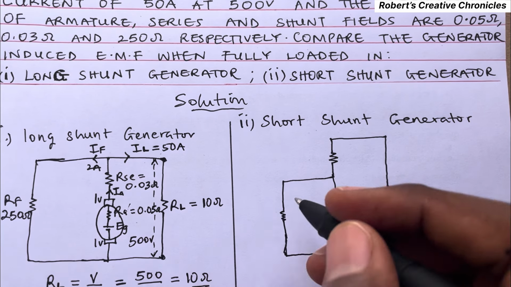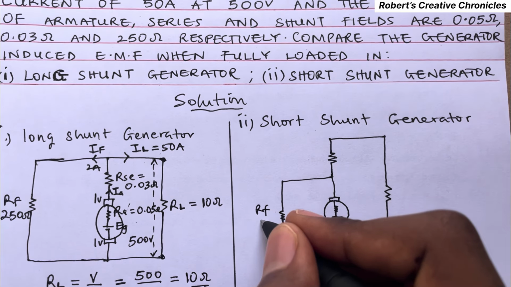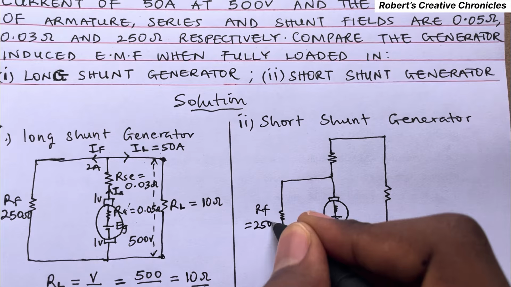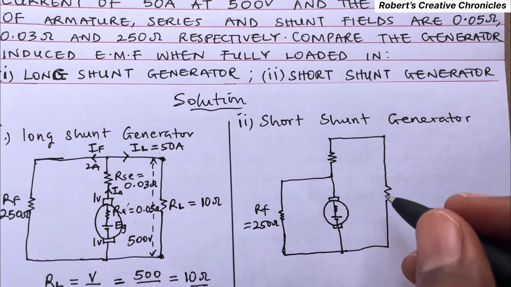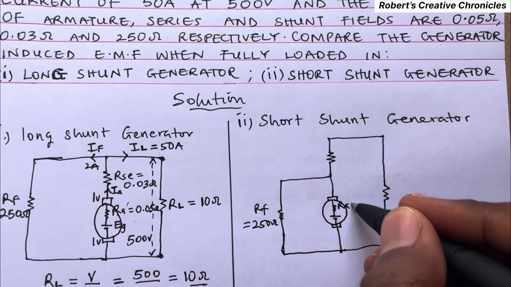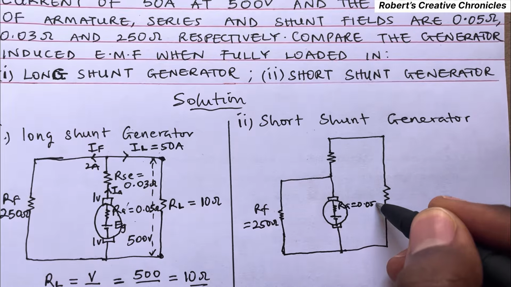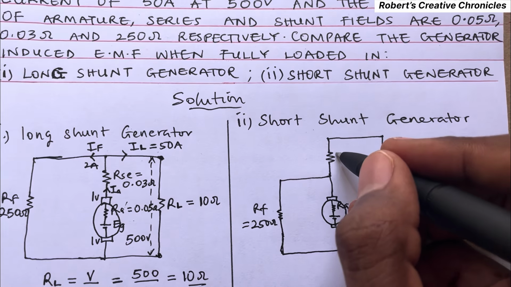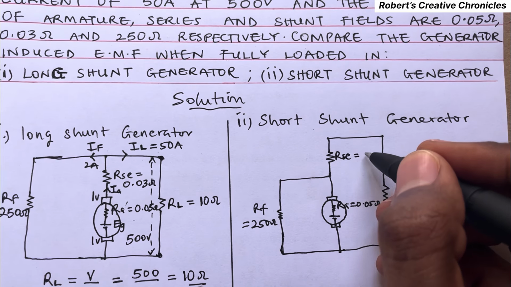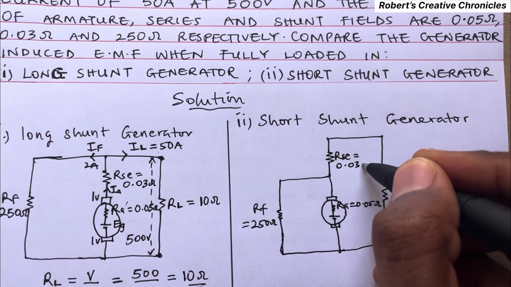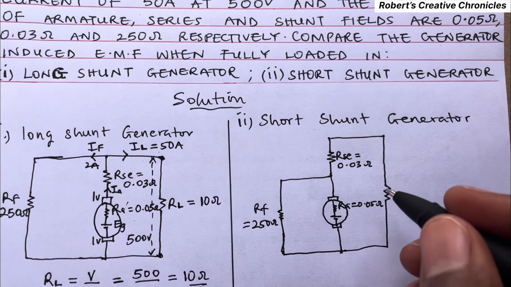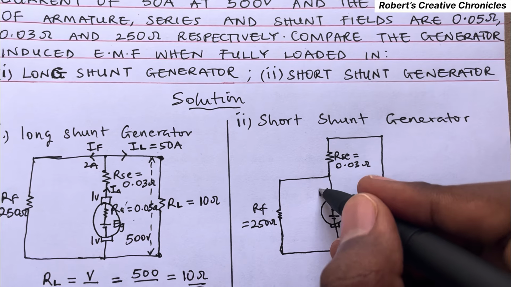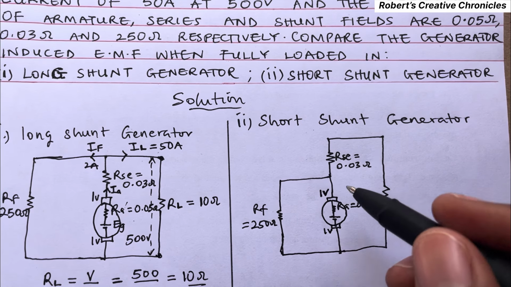So here is the same thing. R_F equals 250 ohms. R_A is 0.05 ohms. R_SE is 0.03 ohms. This is also the standard 1 volt and 1 volt brush EMFs.